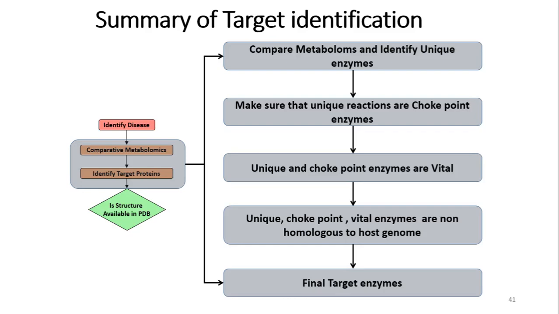So in this way, at each and every step you go on subtracting, or you can say you go on shortlisting the number of enzymes or target proteins that would form your putative drug targets, right?